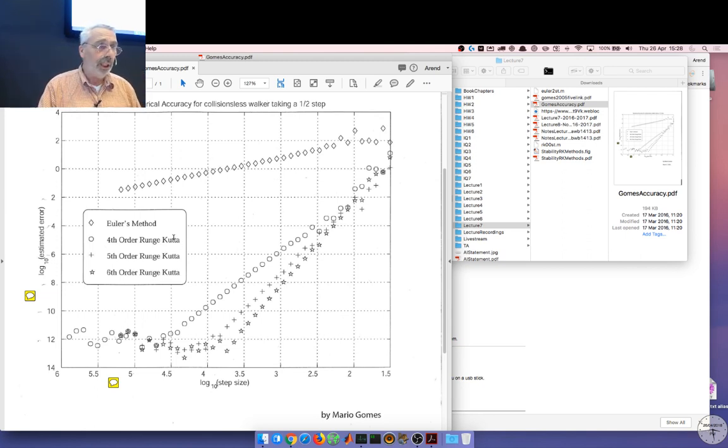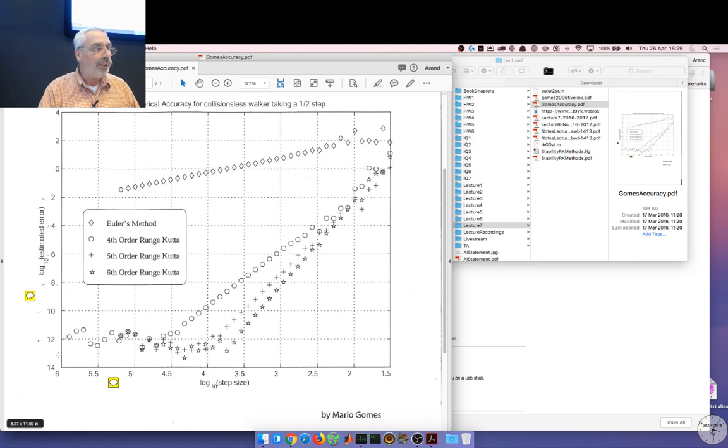And then we see other methods, 4th order, 5th order, 6th order. And we see them decaying with decreasing step size. There should be a minus here always, and here also a minus, there's a small error. But we see when the step size decreases that you get a more accurate result, but you also see that you hit a floor, the real floor, not the ceiling.